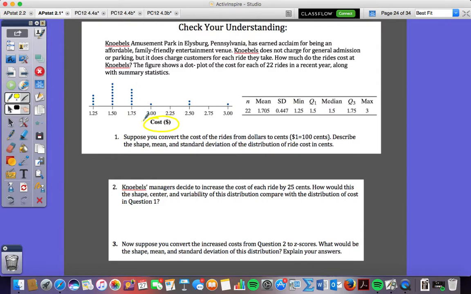We're multiplying by 5. We're adding it to the... I'm sorry. The center does change.